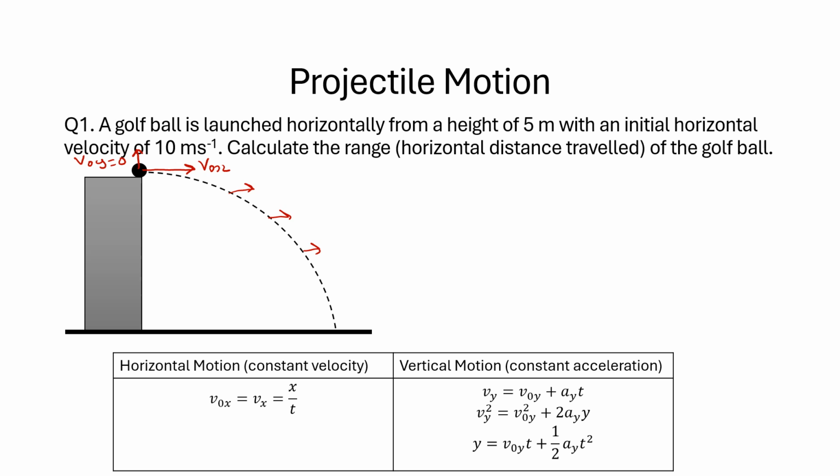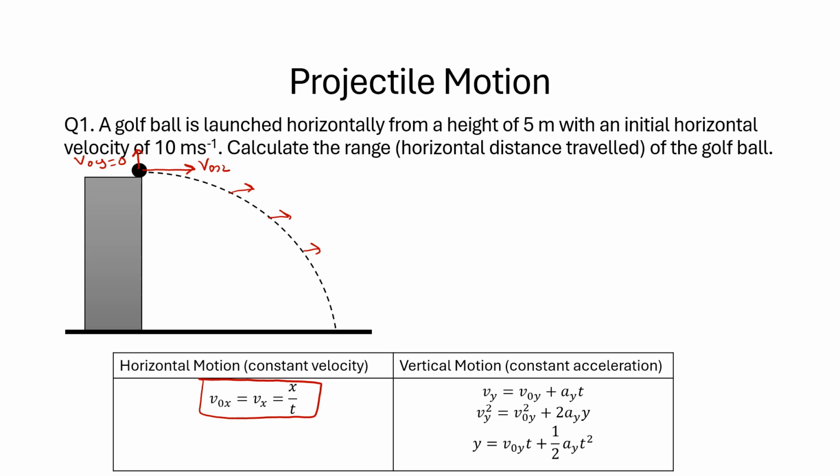So now we understand that v naught x is equal to Vx at any point, and Vx is equal to x over t. We need to use this formula for horizontal motion because we said Ax is 0.